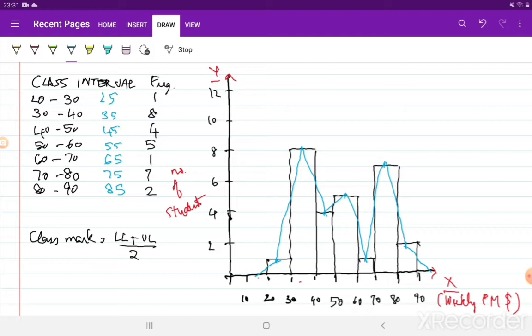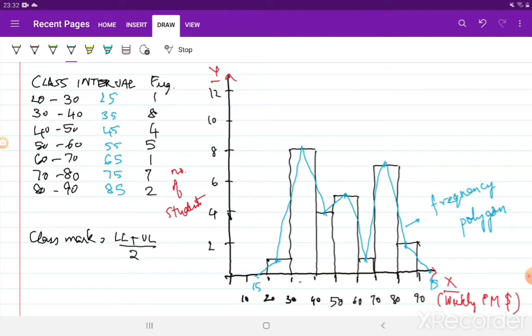So remember, it has to meet the x-axis at class mark 15 and over here on the right hand side at class mark 95. So the line in blue is what we call a frequency polygon.